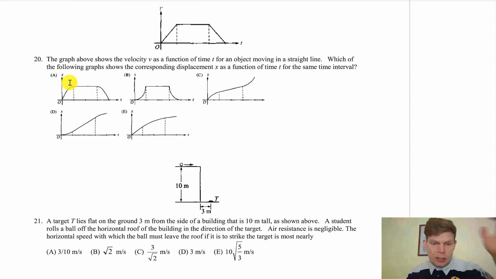And then this sucker: the graph above shows velocity v as a function of time for an object moving in a straight line. Which of the following graphs shows the corresponding displacement x as a function of time t for the same interval? So this is a graph of our slope. We need our graph to follow this slope.